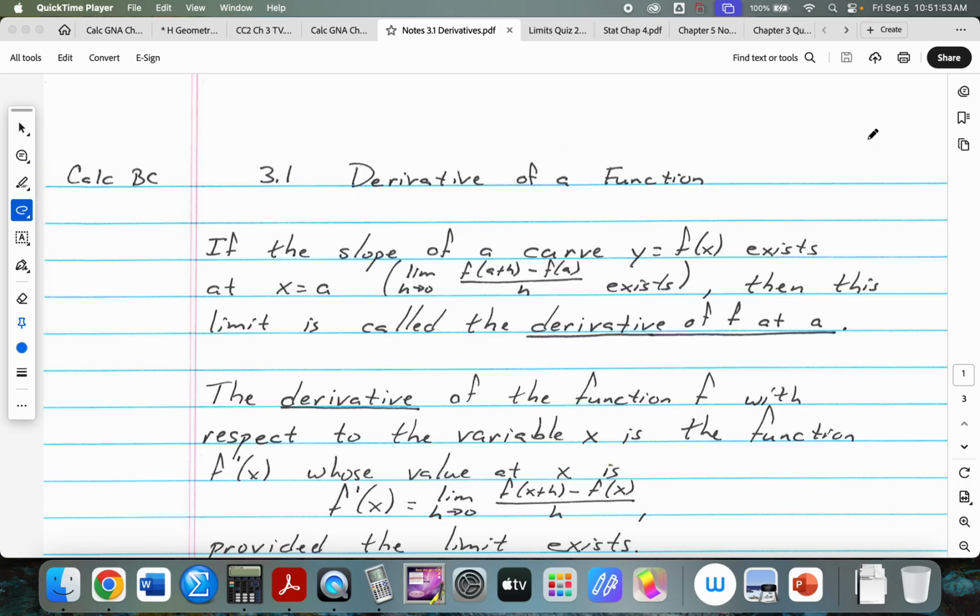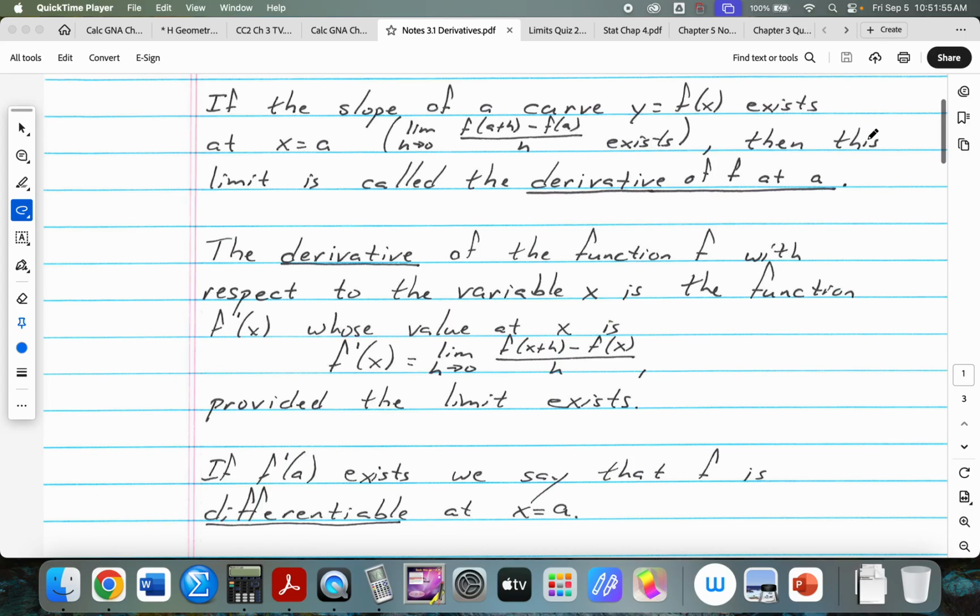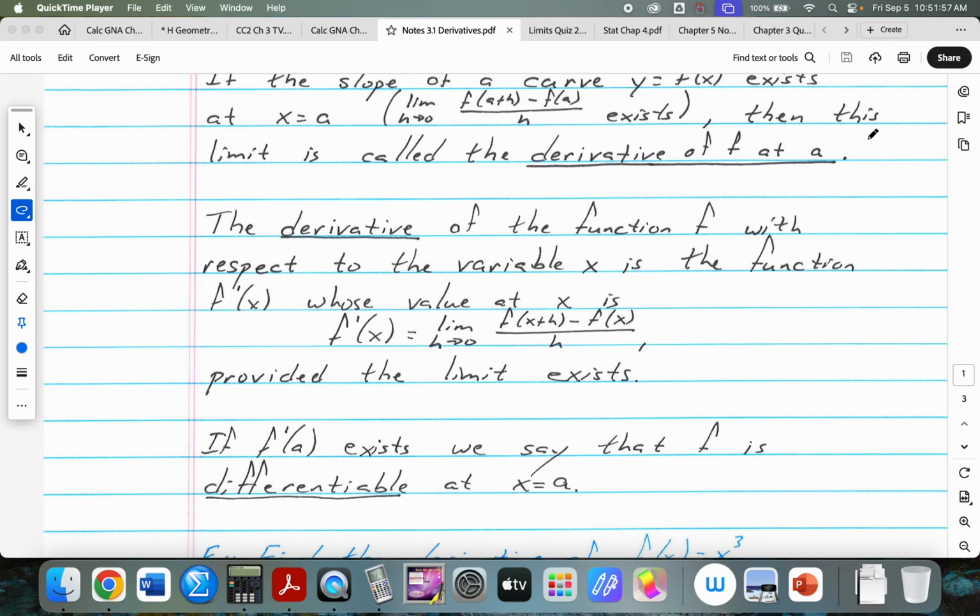So the derivative of function f with respect to the variable x is the function f prime of x. That's the way you read that, and that little mark is not curved, it's straight. Its value f prime of x is equal to the limit as h goes to 0 of f of x plus h minus f of x over h, provided the limit exists.